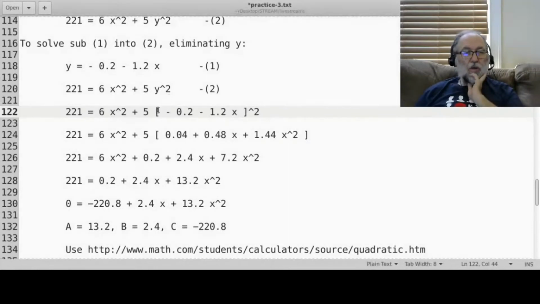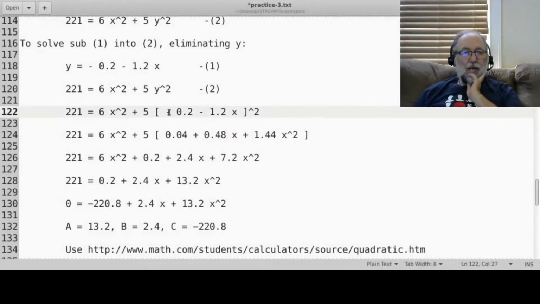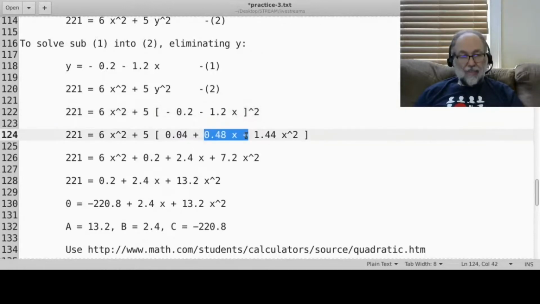But when we square this whole thing here, because you see the square brackets, that was the y, we square that, we have to use, what's that called? FOIL, where you multiply the terms with themselves. Basically, you do -0.2 times -0.2, and that's 0.04. And then you do -0.2 multiplied by -1.2 multiplied by 2 because it's the middle term, and you get 0.48x.